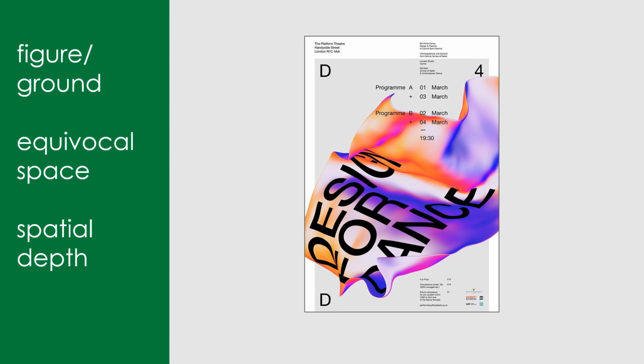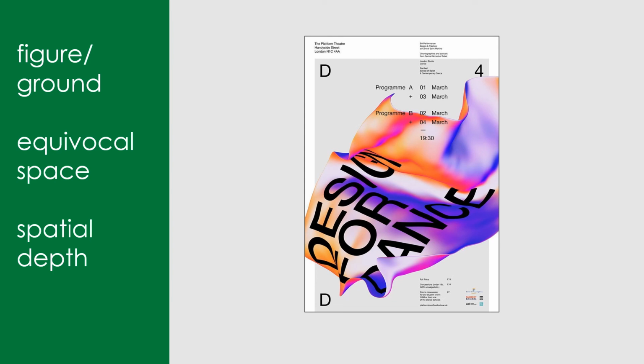We've seen this poster before, right? So what are some of the elements at play here to create a sense of space? Right, so that fabric piece that says designed for dance looks like it's floating in the air, right? It gives a sense of three-dimensionality, the way it's been placed and the colors over it.